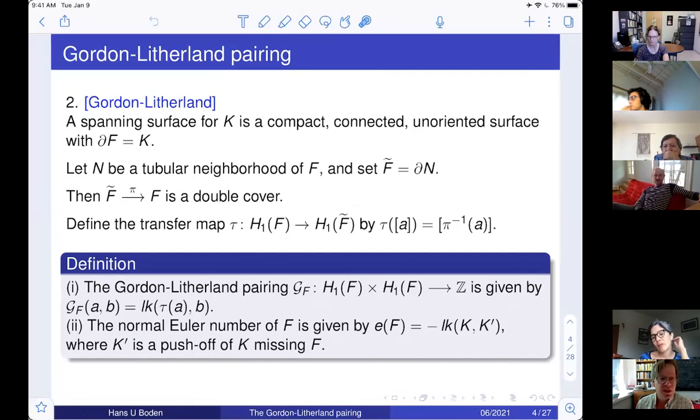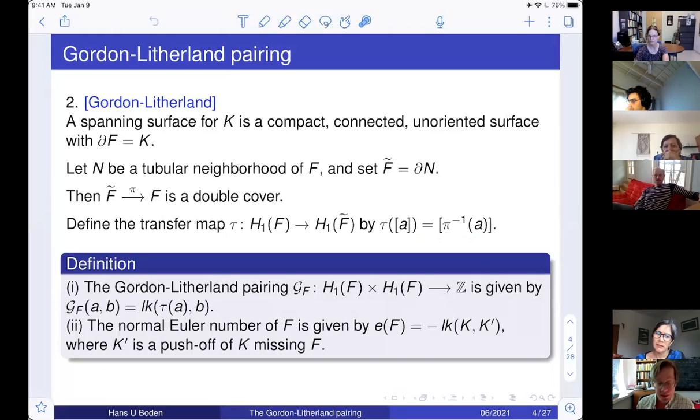So geometrically, what we do is we think of the spanning surface inside S3, we take a tubular neighborhood of it, call that N, and take the boundary of that tubular neighborhood. That will be typically the oriented double cover when F is non-oriented, and it will just be two copies of F when F is oriented. The transfer map essentially is a sort of doubling procedure on elements in the first homology of F.